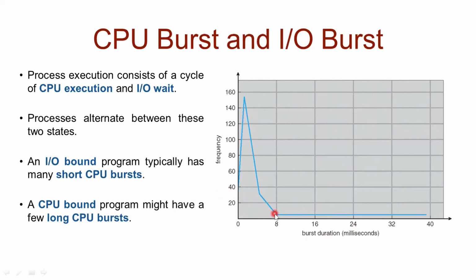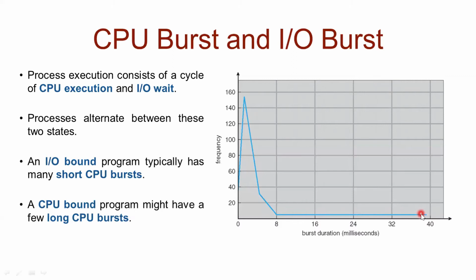This peak shows the processes which have their burst within 0 to nearby 8 milliseconds. And after that, this line shows the processes which have longer CPU bursts.